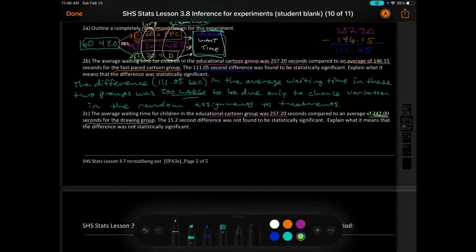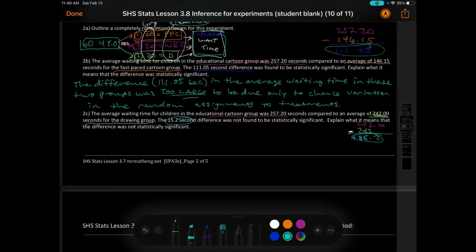So again, they took 242 and then they subtracted it from 257 up here, 0.20, and then they got 15.2. So the difference was 15.2, but that number is not really large compared to 111. Does that make sense?